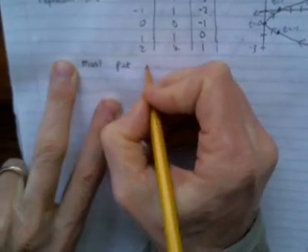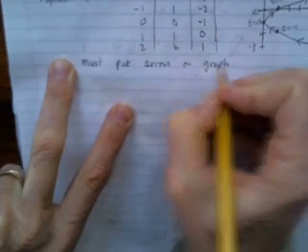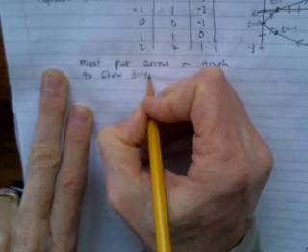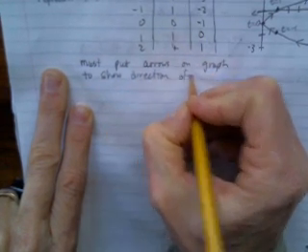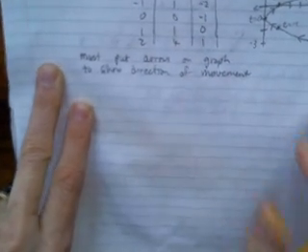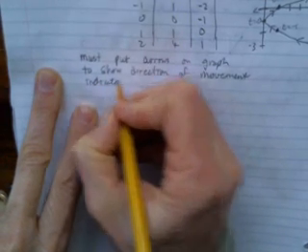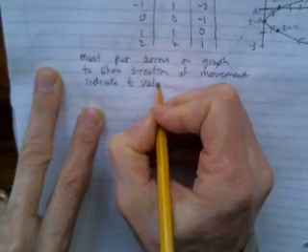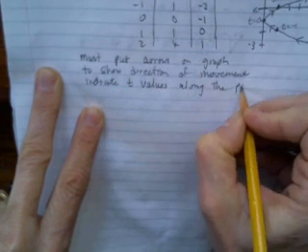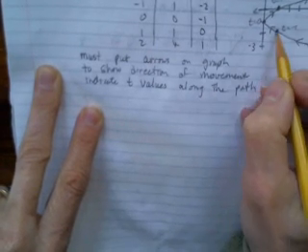Must put arrows on graph to show direction of movement, and indicate t values along the path. So we want to know exactly where this particle is at any point in time.